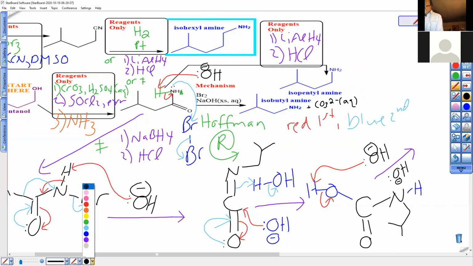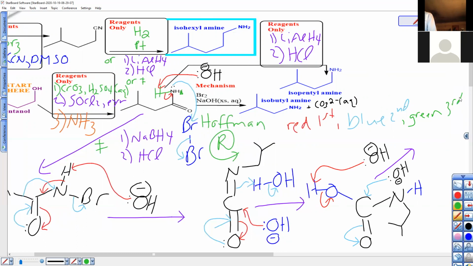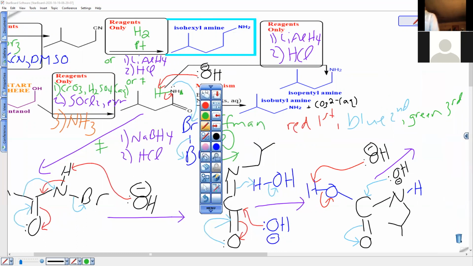Hydroxide number 2. In this step, we've used many hydroxides. And if we go with green third, I think we can get our carbonyl back. Let's see.